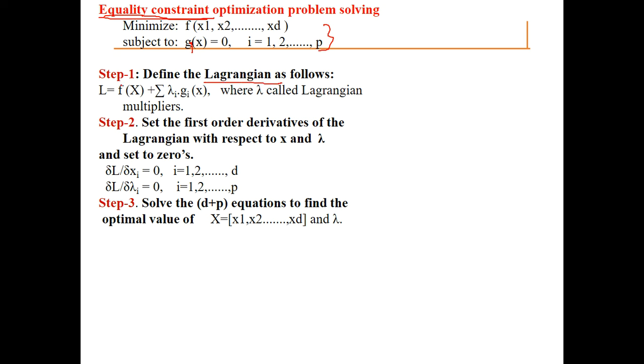In this method, we take the objective function as well as the constraints together. The constraint function is multiplied by some parameters called Lagrangian parameters, and we take this sum for every i, for every constraint, because the number of constraints may be p. Yes, p number of constraints are there.